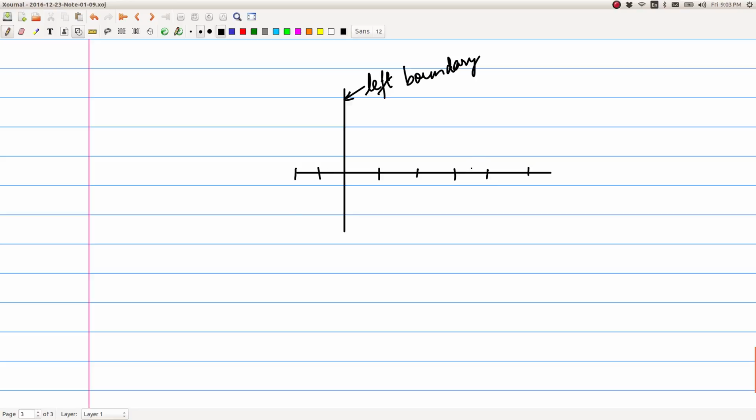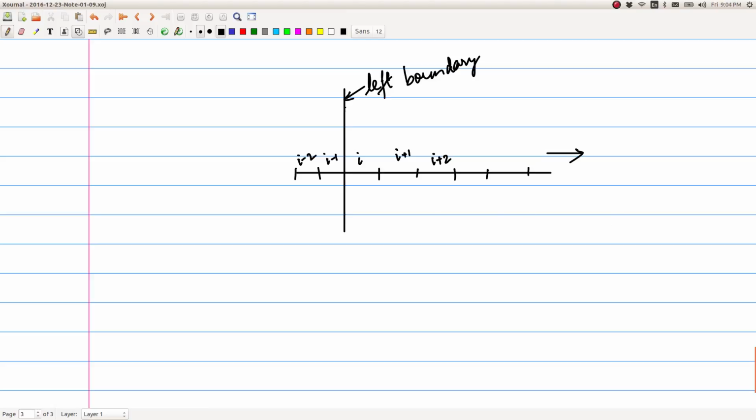It does not matter, we can have more ghost cells as well, but for understanding purposes let us consider two ghost cells, and there are some internal cells. Let me call this particular cell i plus 1, i plus 2, and this is going to be i minus 1 and i minus 2.